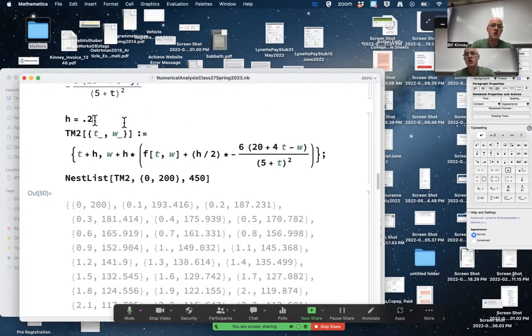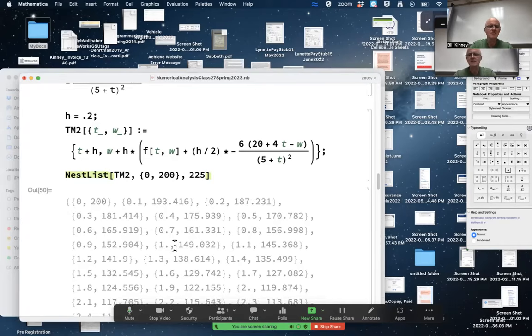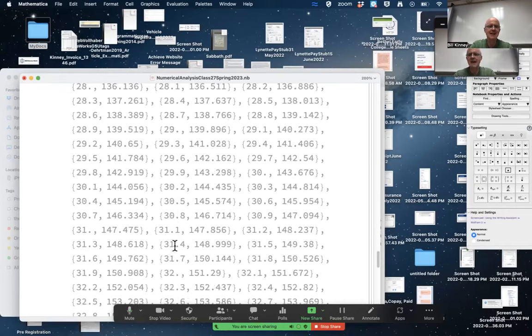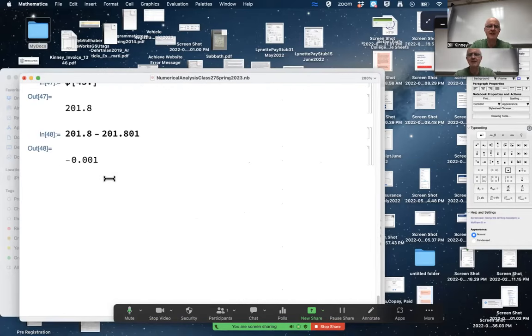Make h 0.2 and do 225 steps. We should expect the error to be what in absolute value? If I'm doubling h, and this is an order 2 method, I should expect the error to go up by a factor of about 4. I should expect the final error to be in the ballpark of negative 0.004.